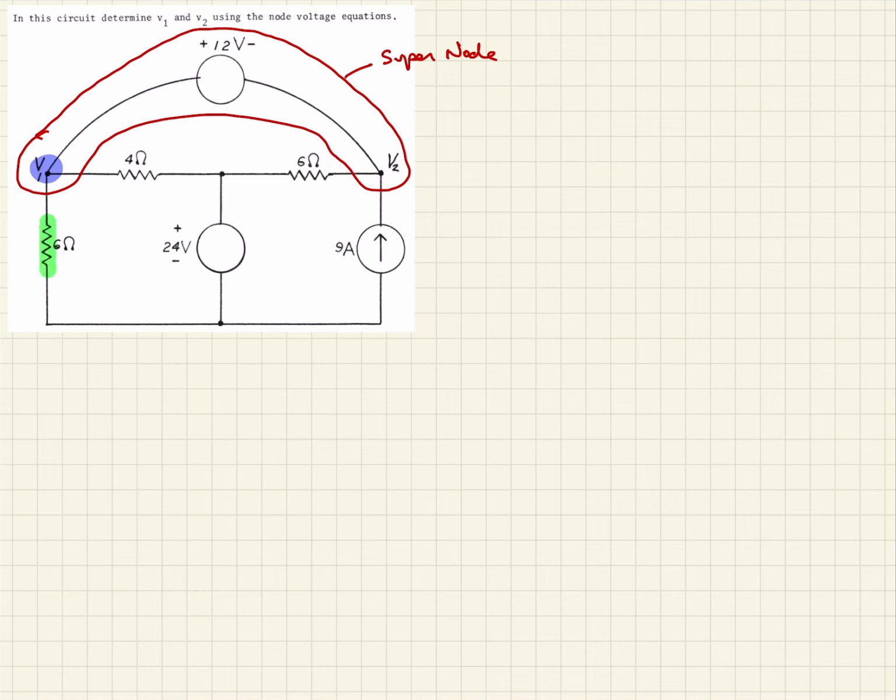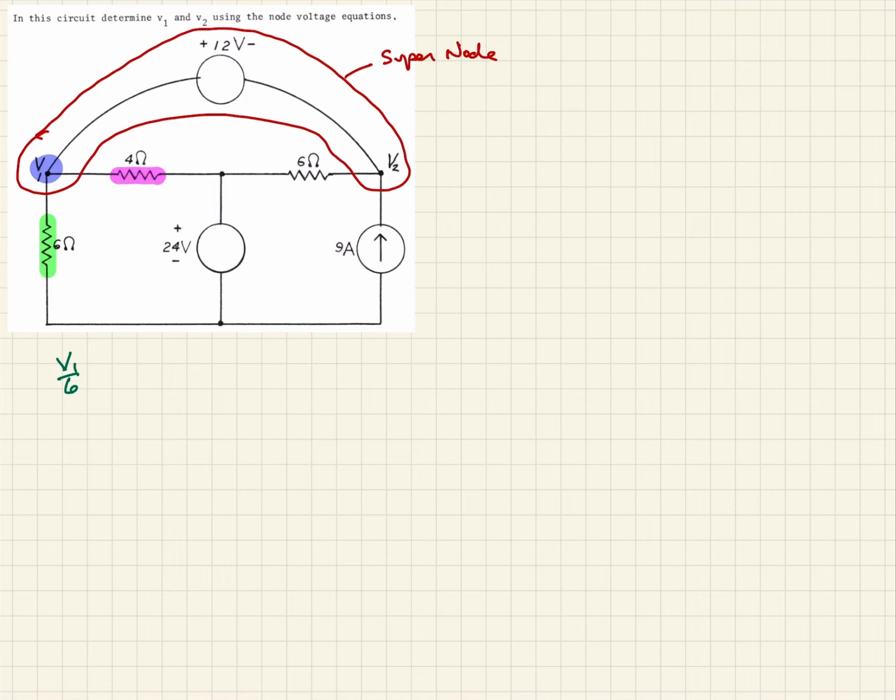And so we have this resistor first. And so with that, then that's just going to be V1 over 6. Again, just using Ohm's law for current. And so next we see that we have this 4 ohm resistor here.